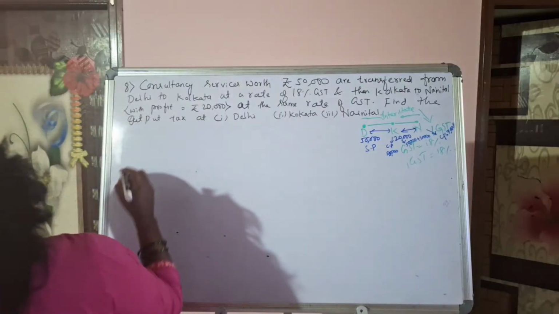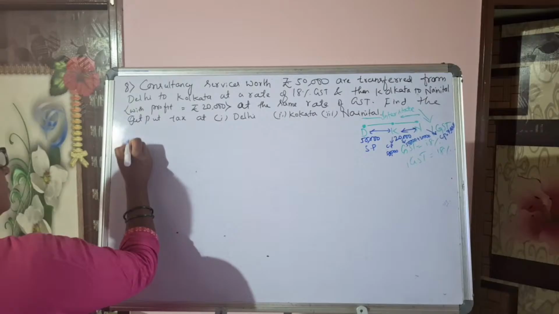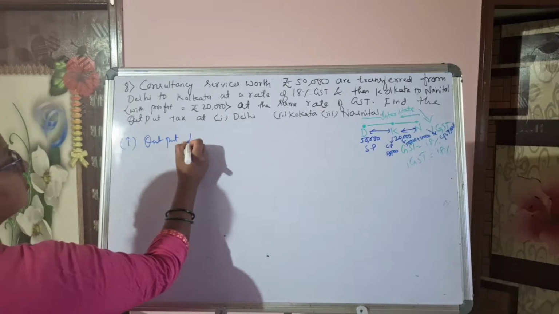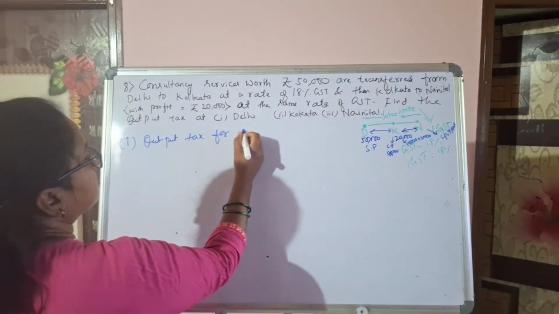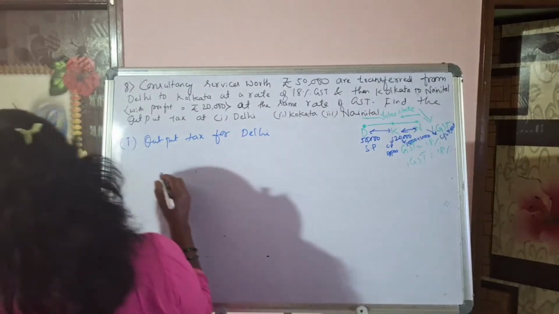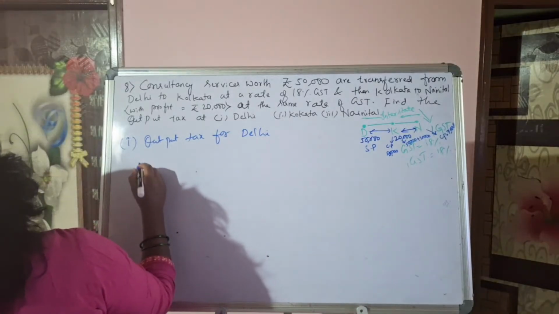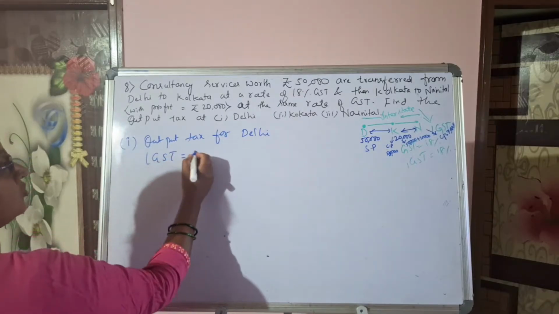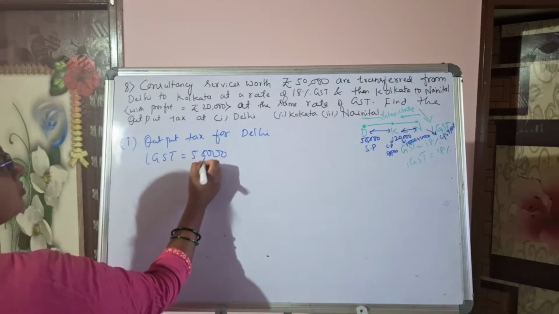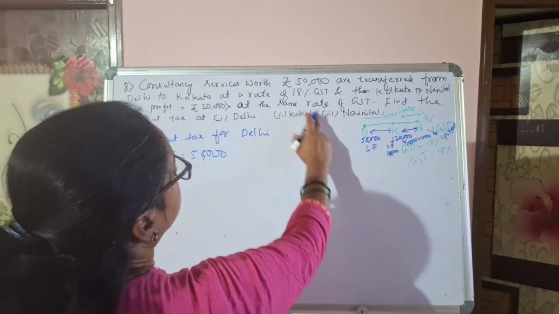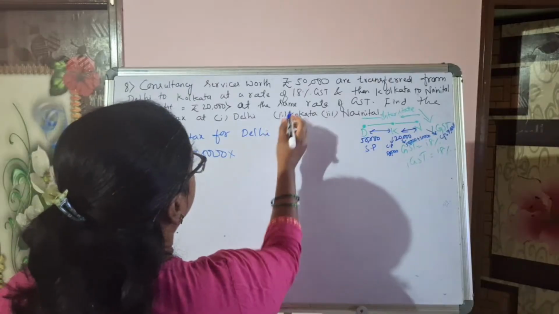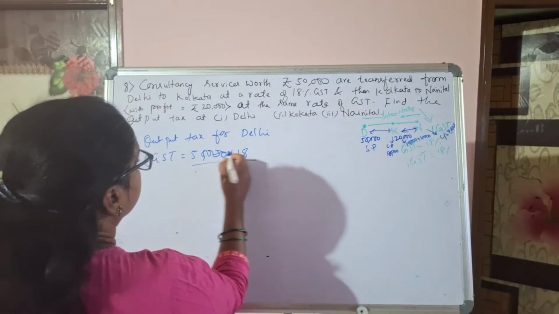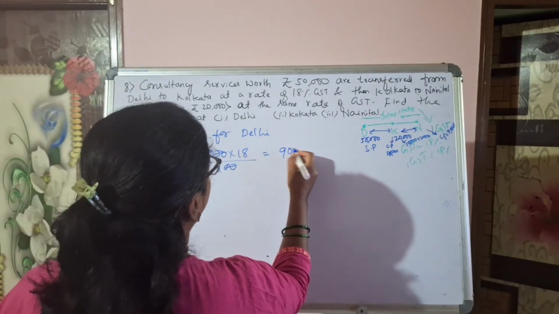That means for the first question, output tax for Delhi is IGST, which is equal to 18% of 50,000, which is 18 divided by 100, so which is equal to 9,000.